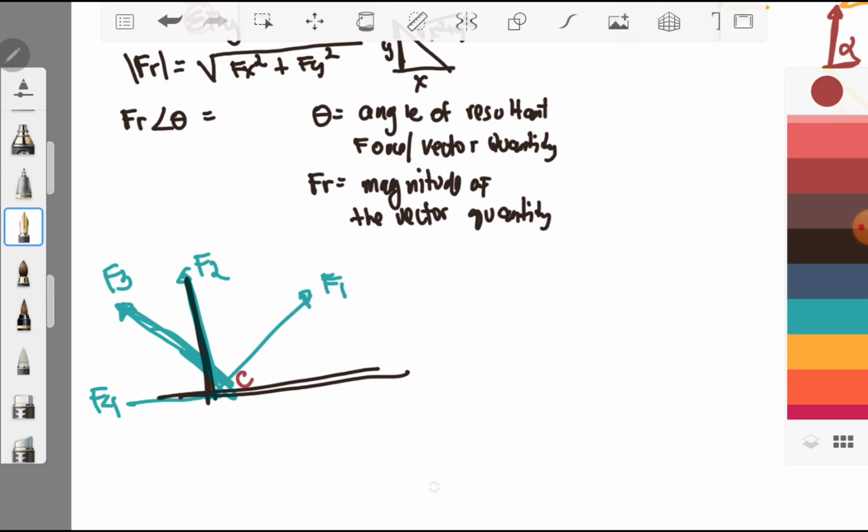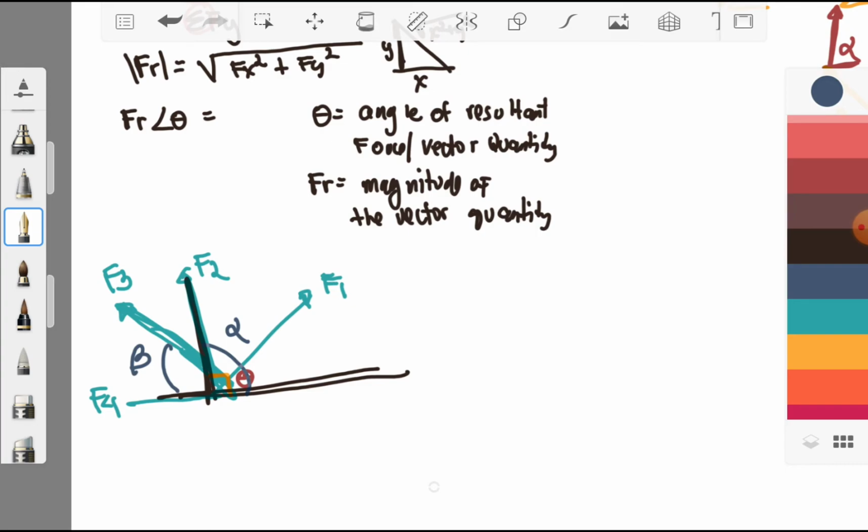My F1 has angle theta, my F2 has angle alpha, my F3 has angle beta, and my F2 of course has 90 degrees, in a perpendicular position, and your F4 has 180 degrees.